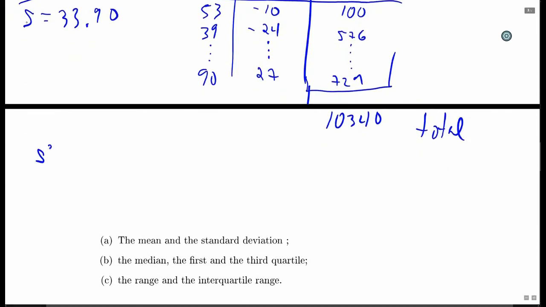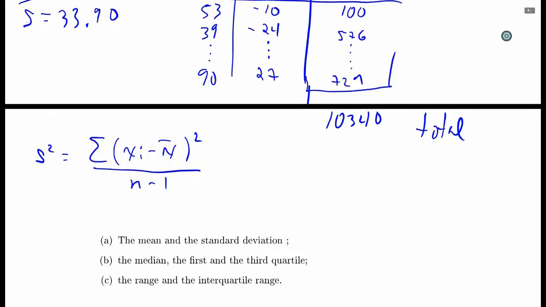And so now I'm ready to compute the variance. The variance is the sum of the squared deviations away from the mean, and then I'll compute the average of these squared deviations, approximately, by dividing by n minus 1. It's divided by n minus 1 for some technical reasons.